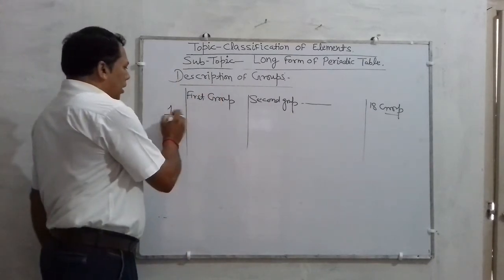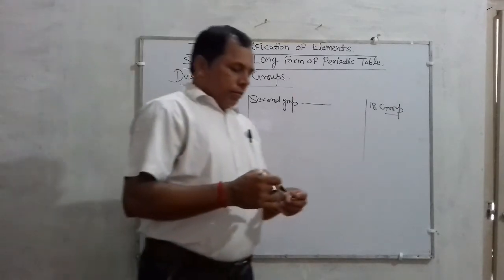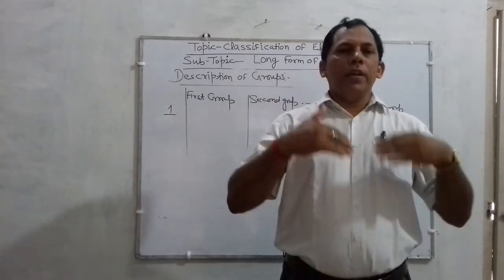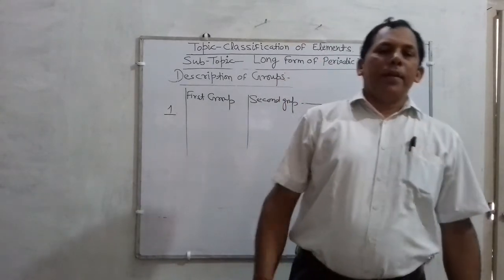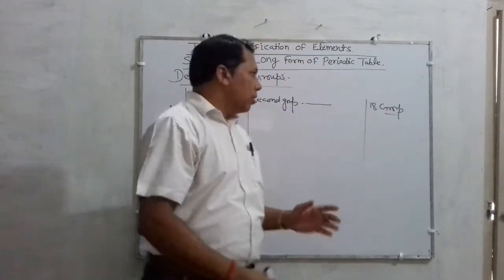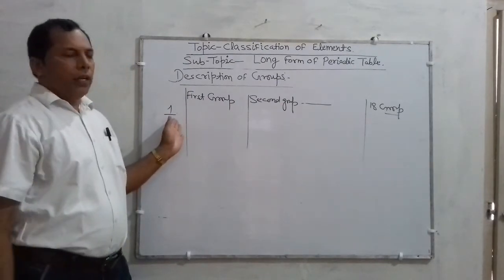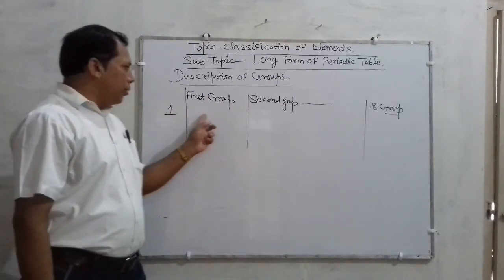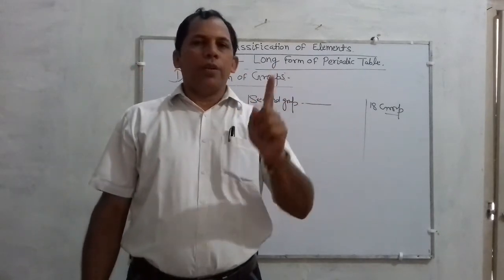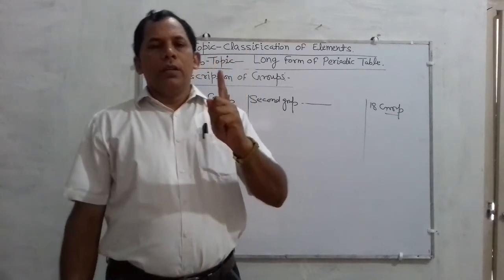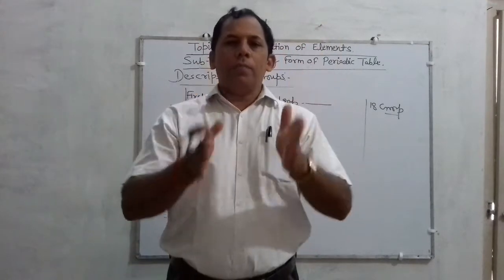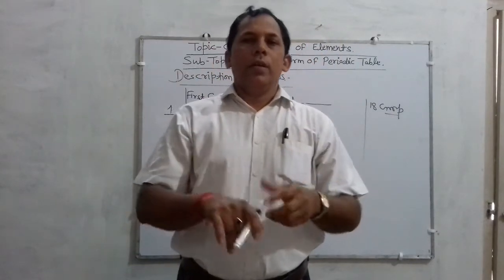Listen sincerely. The elements present in a particular group possess a similar type of electronic configuration. The first property of these groups is that the elements present in a particular group have a similar electronic configuration, which means they have the same number of valence electrons.